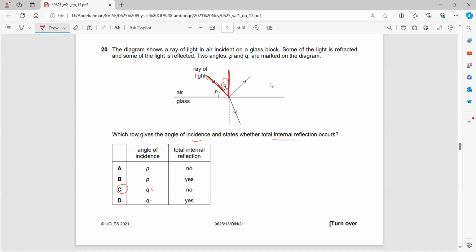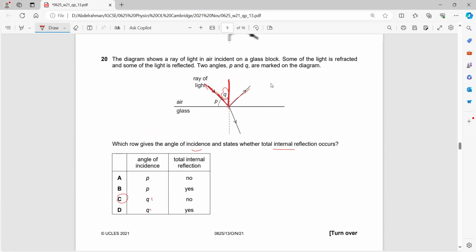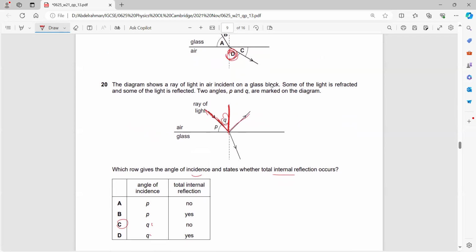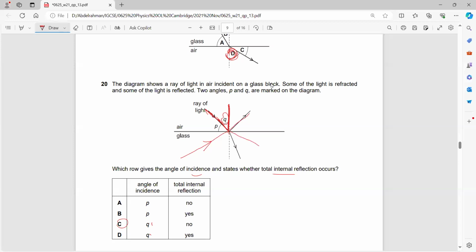What is this ray? Is this total internal? No, it's not. It's partial reflection, so this is not total. Total internal reflection needs to happen, for example, if you're moving from the glass to the air. But from air to glass, never.